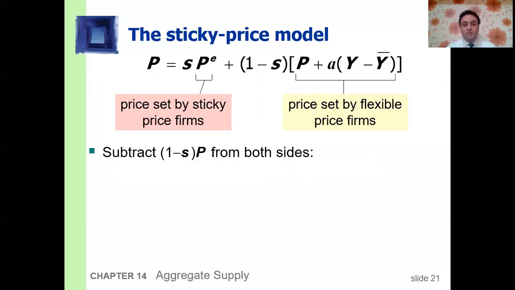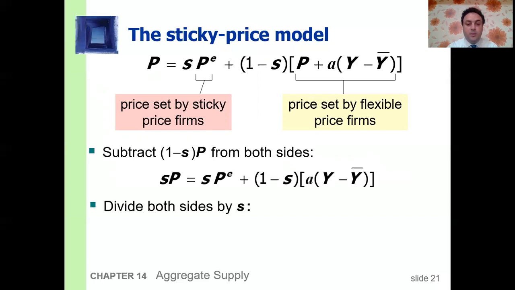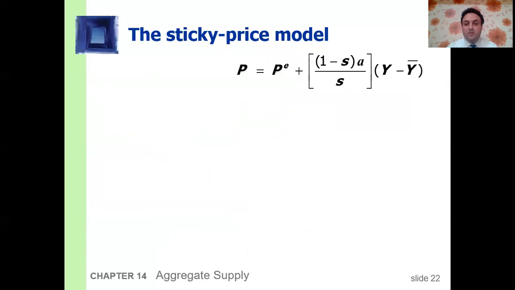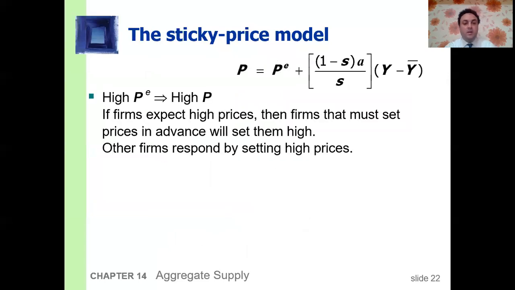If we subtract one minus the fraction of firms that use sticky prices, multiplied by the actual price, from both sides, and divide both sides by S, you can find that a high expected price will lead to a high actual price.